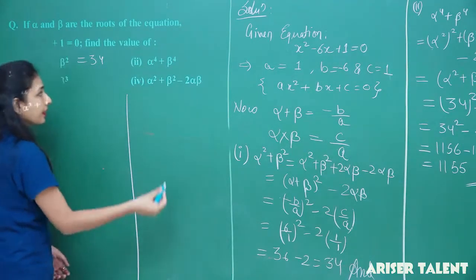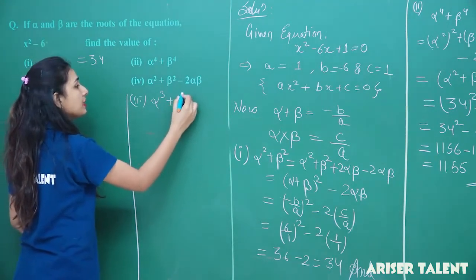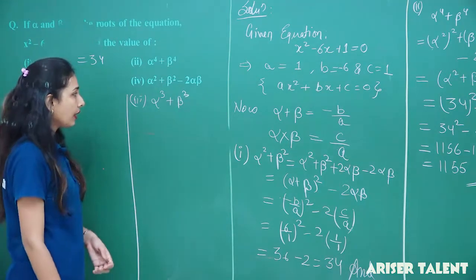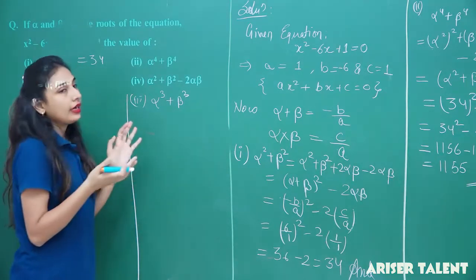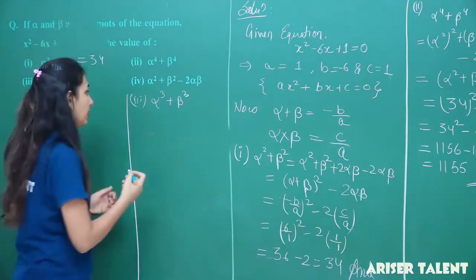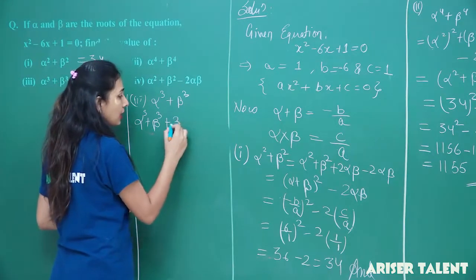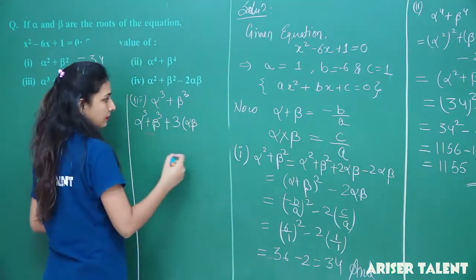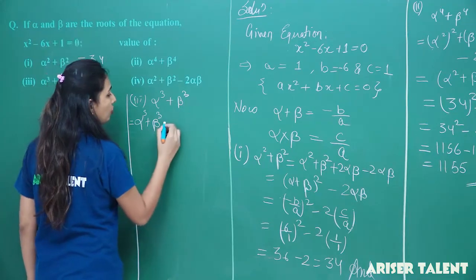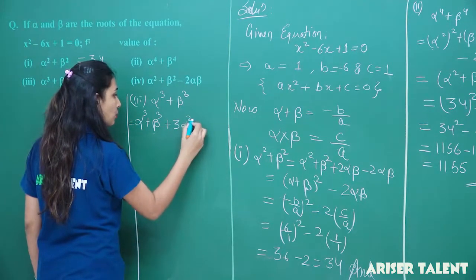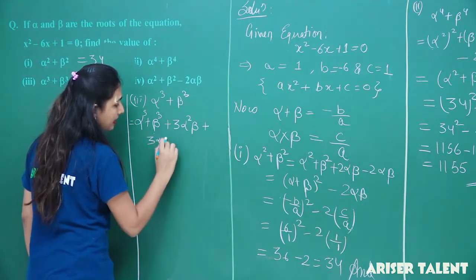Now, students, this is our third expression, alpha cube plus beta cube. So, what will I do? I can have that in the power of 3. So, I will be having alpha cube plus beta cube plus 3 alpha square beta plus 3 alpha beta square.